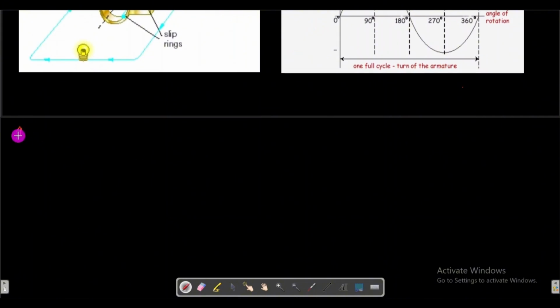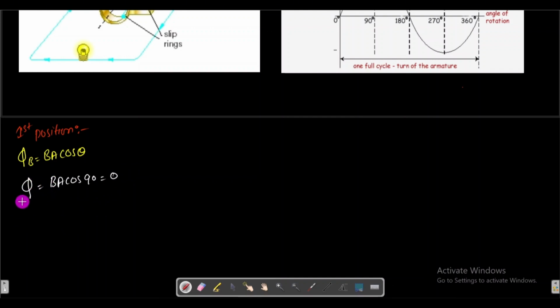For the first position, the magnetic flux is given by phi of B equals B A cos theta. In the first position theta was 90, so this flux becomes B A cos 90, which is equal to 0.